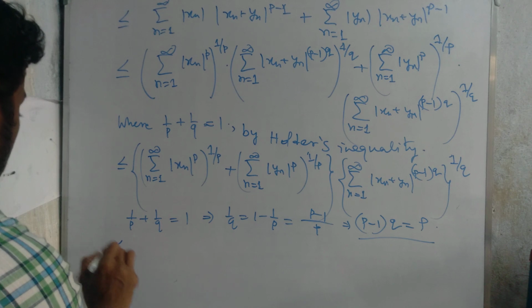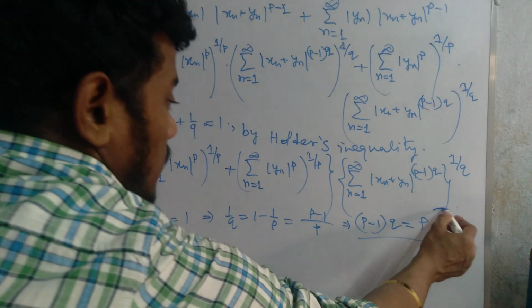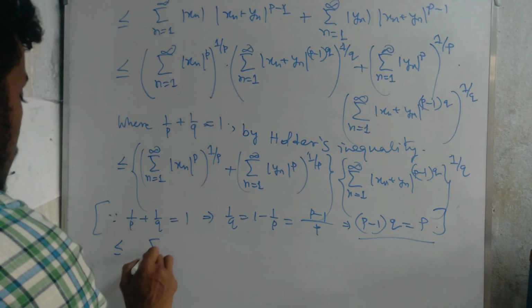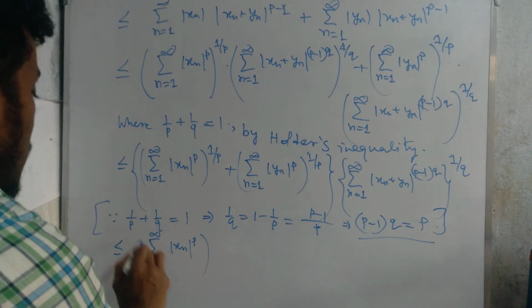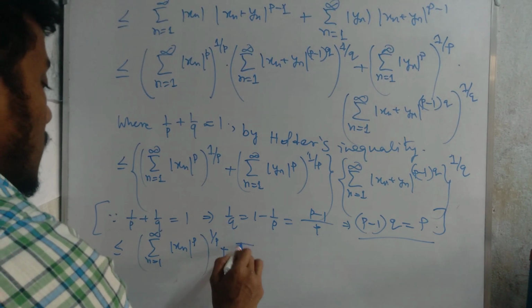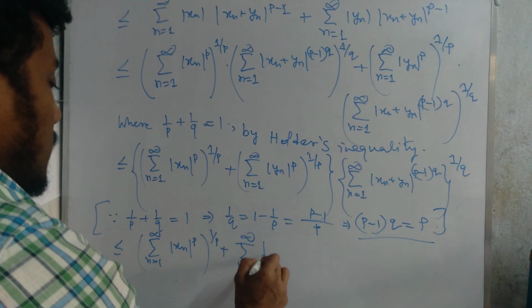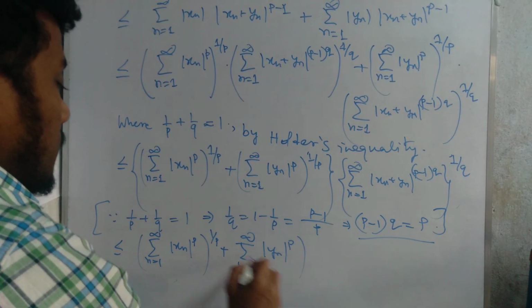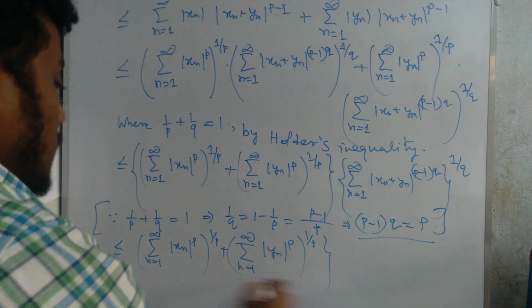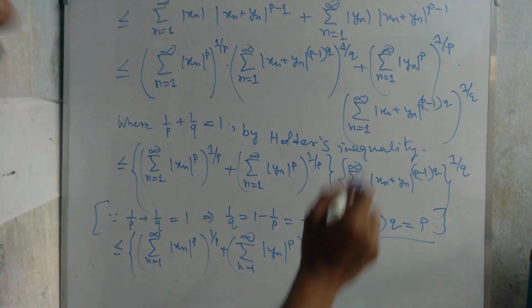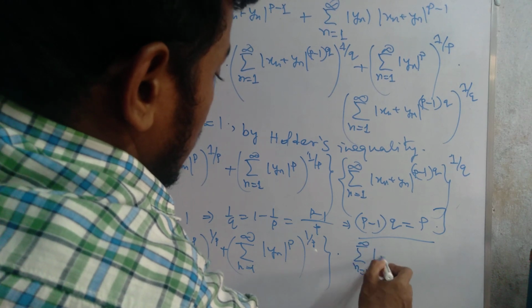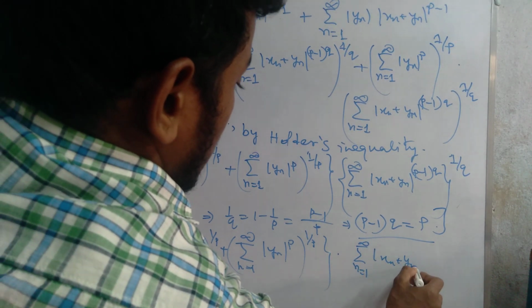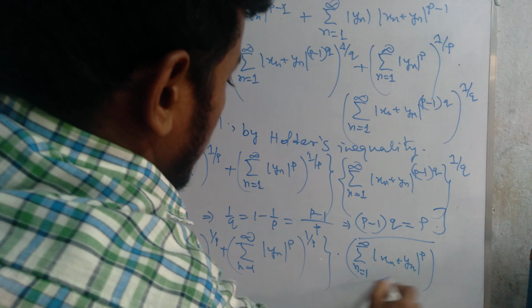So what we get is the sum of |xn| to the power p, whole to the power 1 by p, plus the sum of |yn| to the power p, whole to the power 1 by p, and the remaining one is the sum of |xn plus yn| to the power p, whole to the power 1 by q.